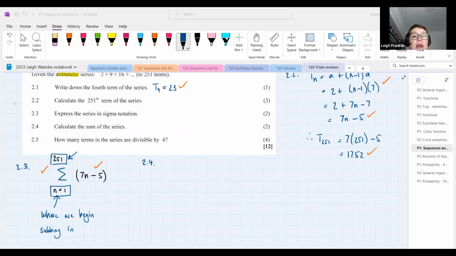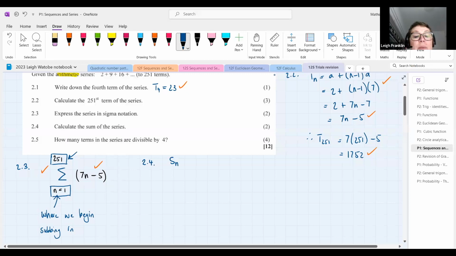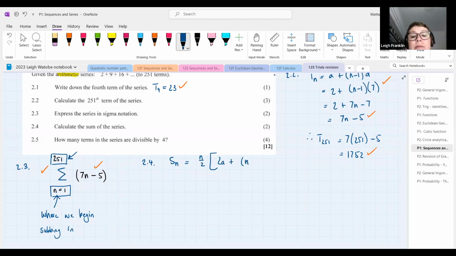Yes, okay. And now they want us to calculate the sum of the series. So we're going to use our arithmetic sum formula: n over 2 into 2a plus (n minus 1)d.